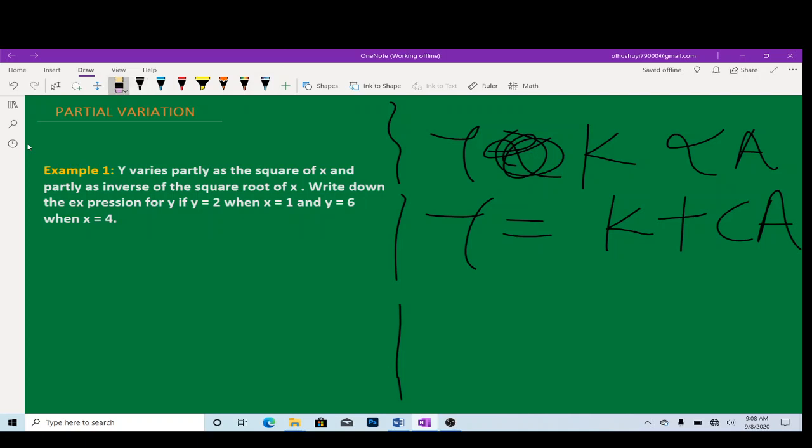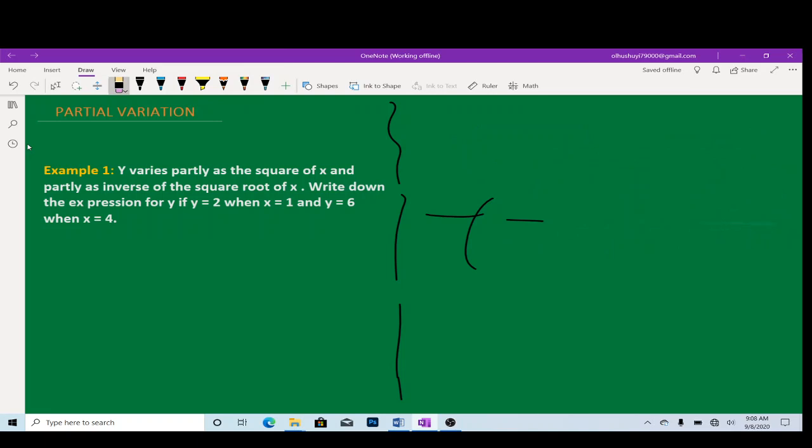So let's go. You have this: y varies partly as the square of x.